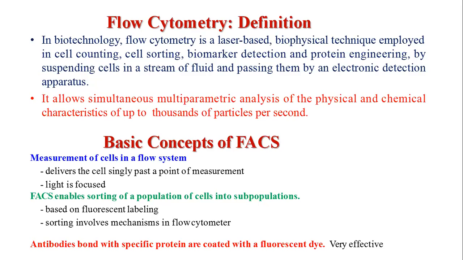Then this particular instrument enables sorting of a population of cells into subpopulations. Instead, assume that 10 to the power 6 number of cells are there. It may be of 4 to 5 different types, and within a few seconds, we can sort out how many types of cells are there, say in group 1, group 2, group 3, and group 4, if there are 4 different types of cells present in the mixed population.